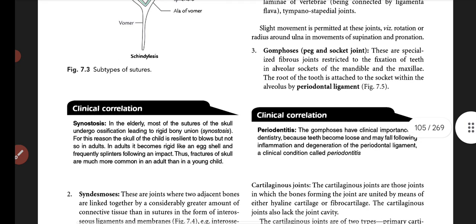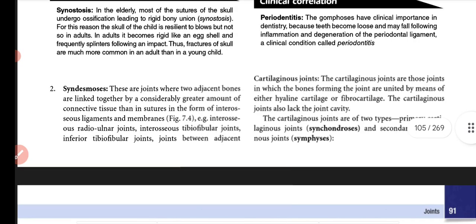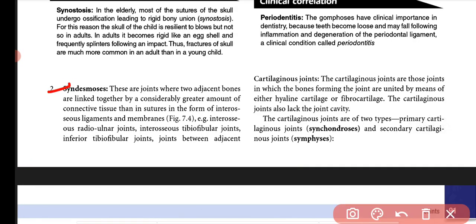Number two is syndesmosis. These are the joints where two adjacent bones are linked together by a considerably greater amount of connective tissue than in the suture.